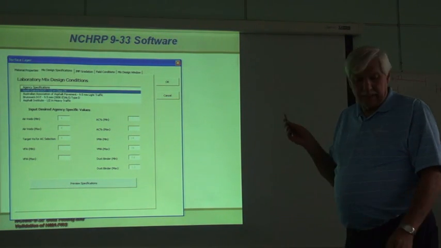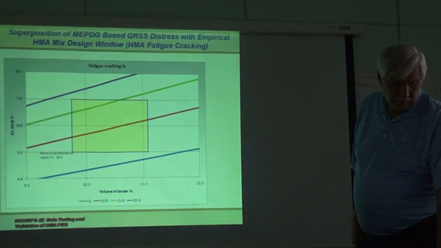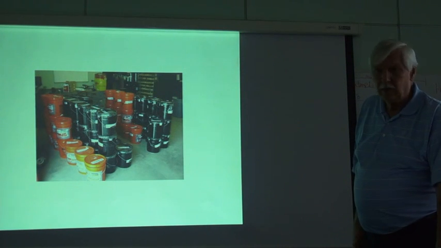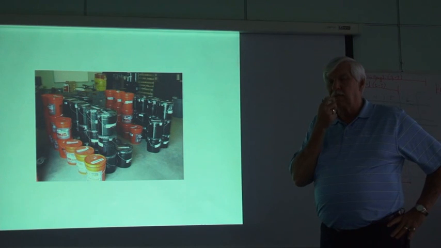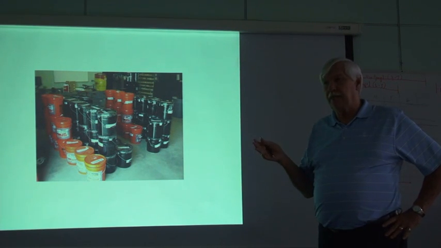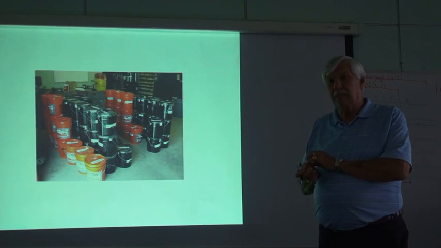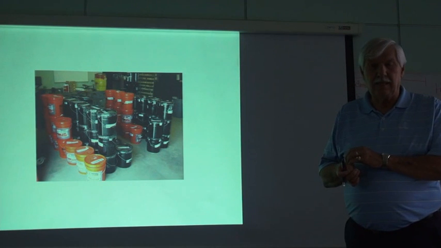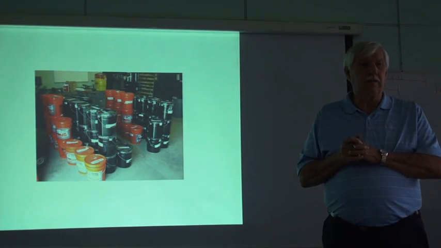Okay, let me skip the software here and get to a couple of comparisons. What we've done in the latest project is we've actually sampled 3 field projects in the United States. One is in Rhode Island, northeastern United States. One is in Texas. I don't know if any of you know where that's at. Another one in Utah.